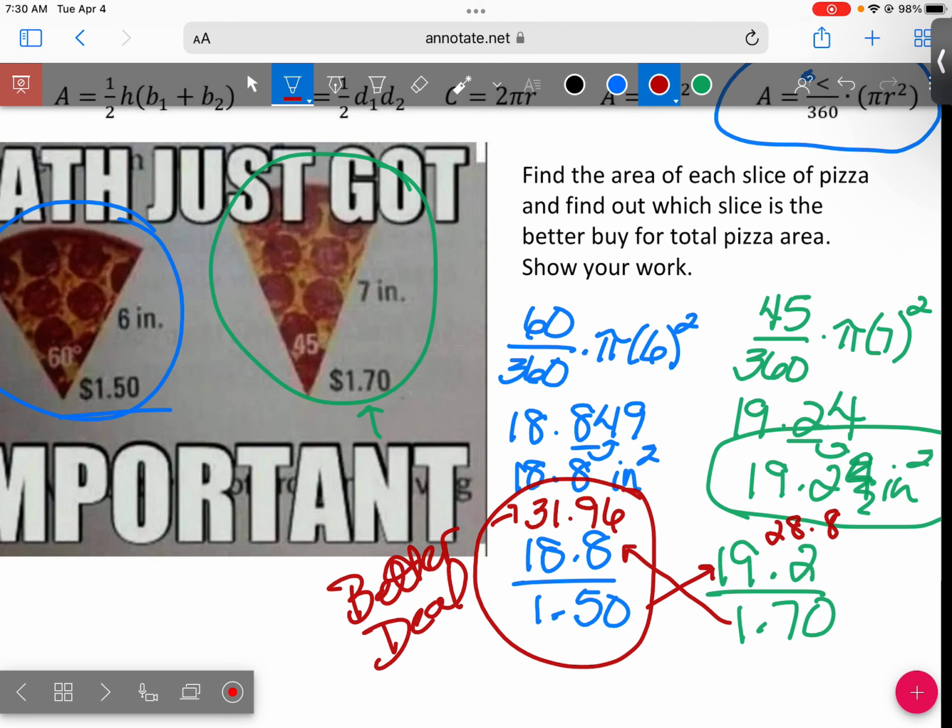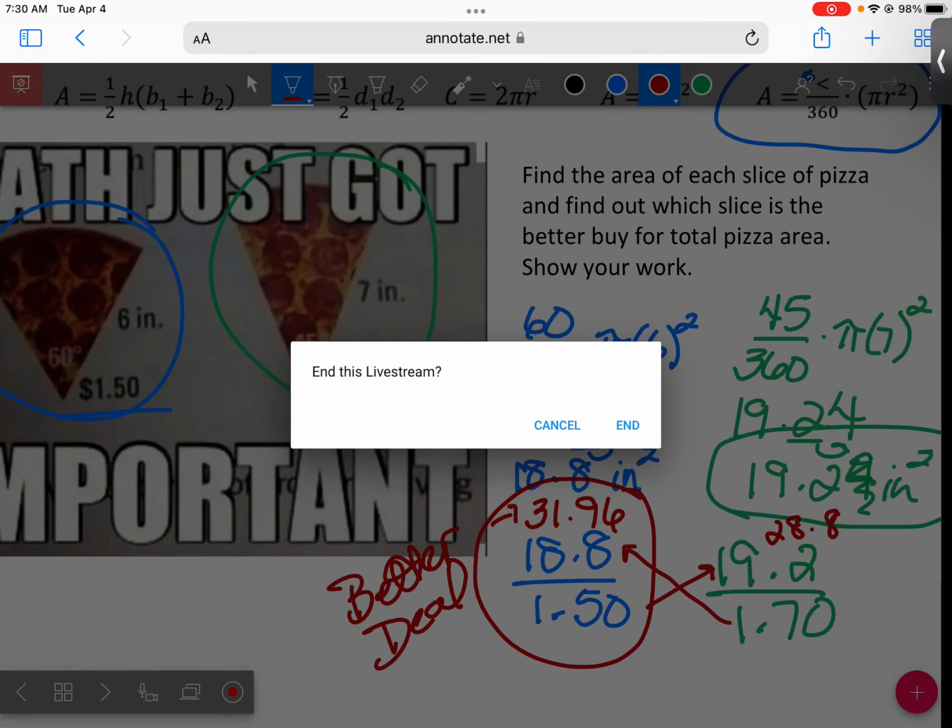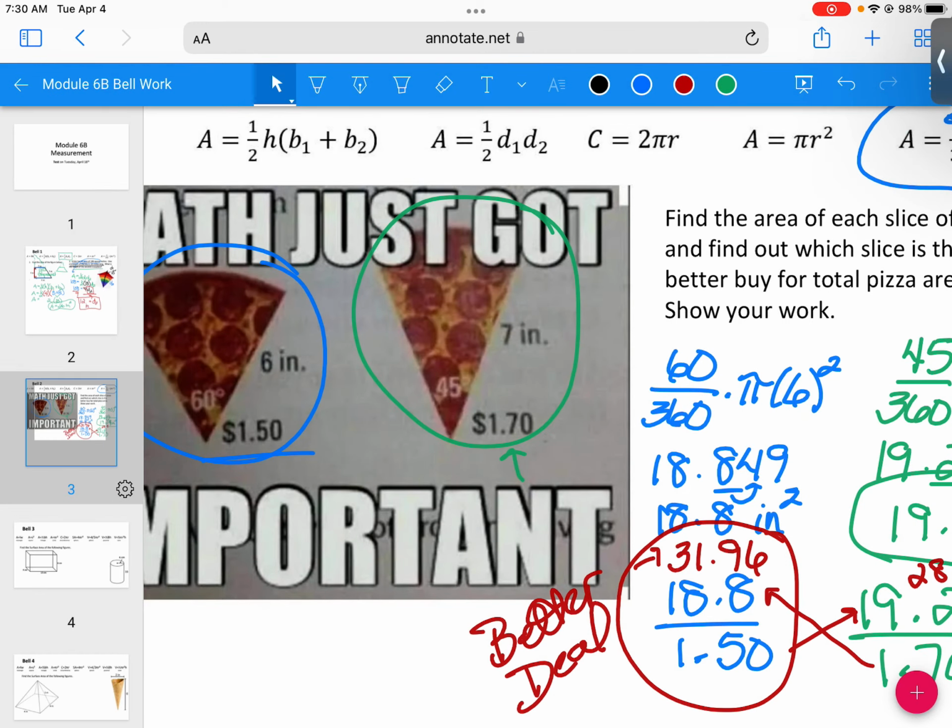We are talking about surface area. This would be on page, unfortunately, I don't have my pages numbered. It says surface area at the top. Looks like it's page 10. Page 10.